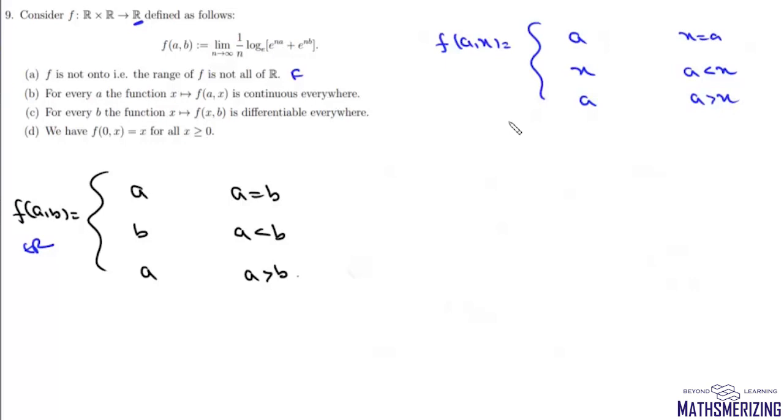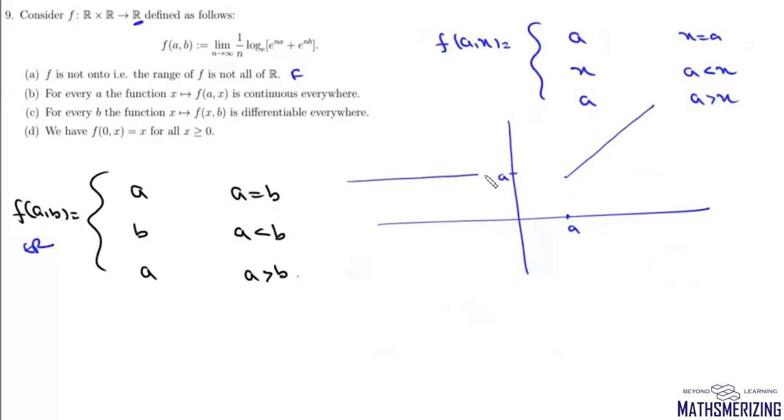So we look at this function. Suppose we have any point a. At a, the value is a. When x is greater than a, the value is simply x, and when x is less than a, the value is a. So this function is a continuous function. So statement B is correct, and the second one is true.